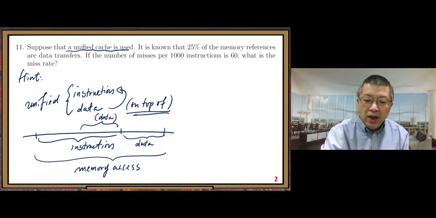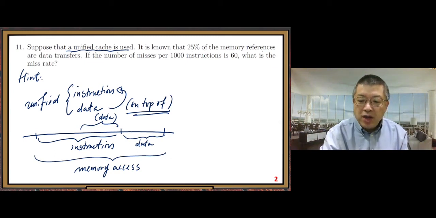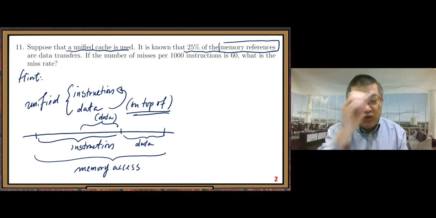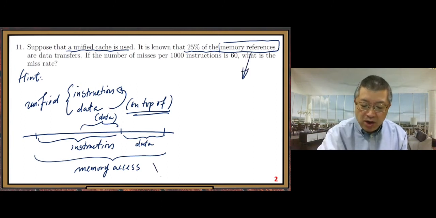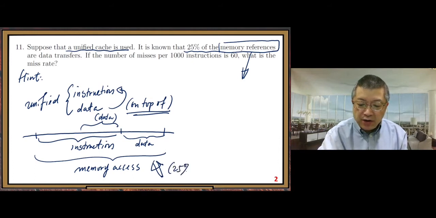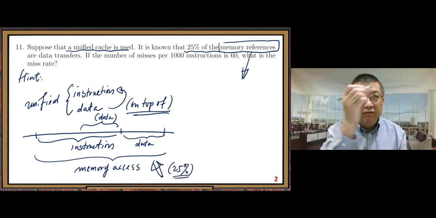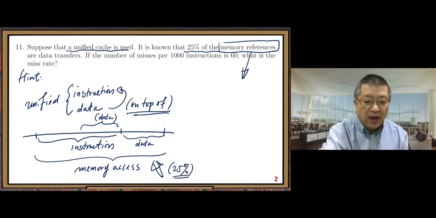It is known that 25% of memory references, memory references, not instructions, that's important, correspond to this part, the data transfer.